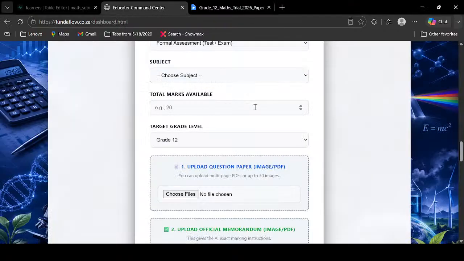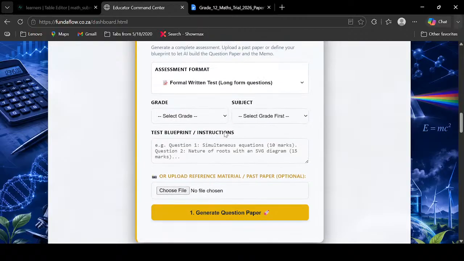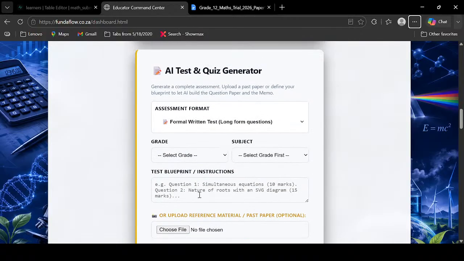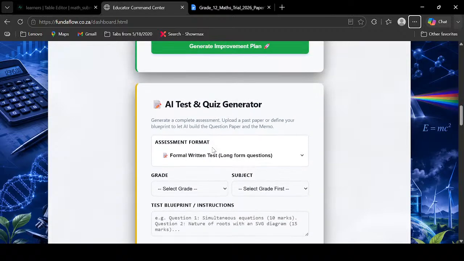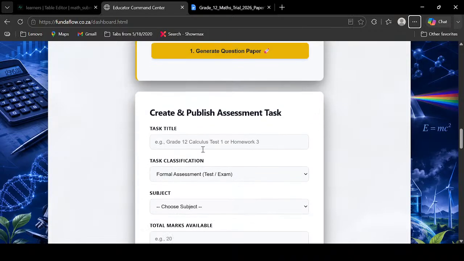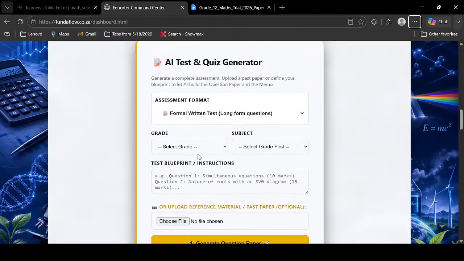Then we show them how we do this one. So are we creating a quiz? Let's create a test instead of a quiz. A short test. I'm not creating a multiple choice, we're creating a formal written test. I'm in the teacher section.